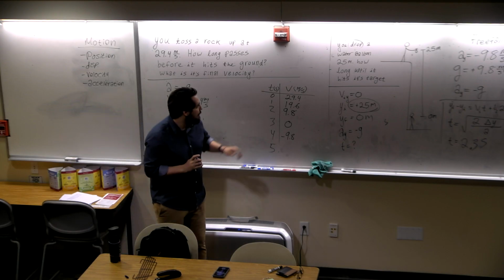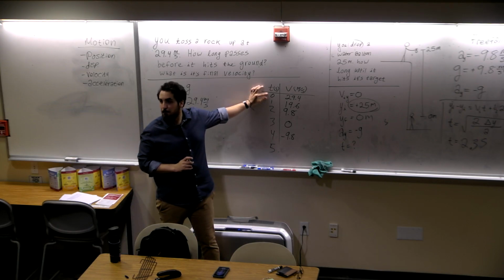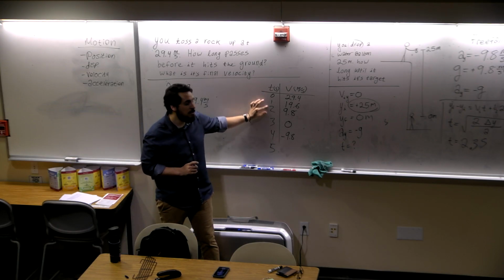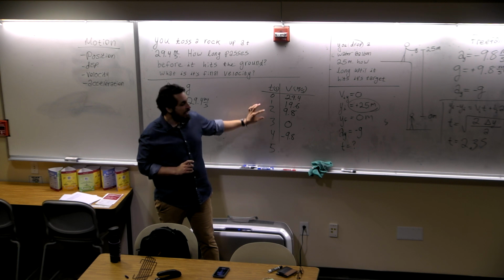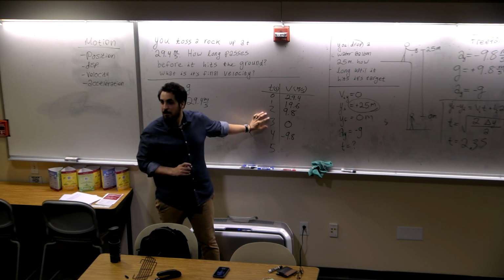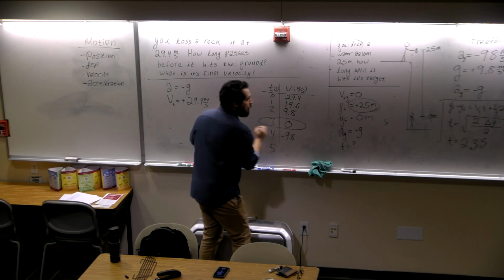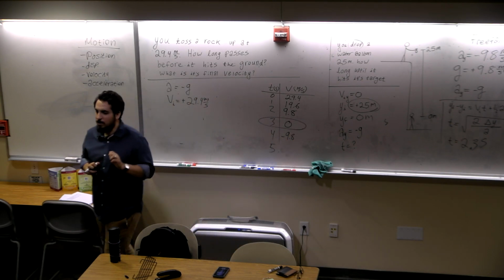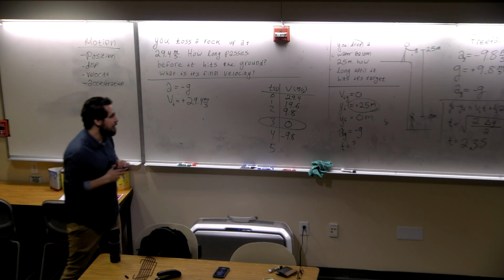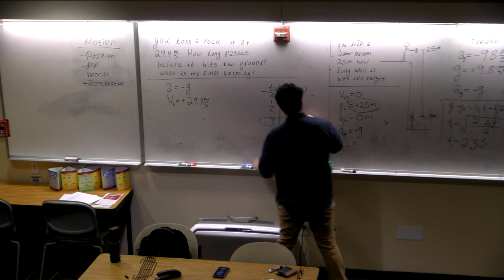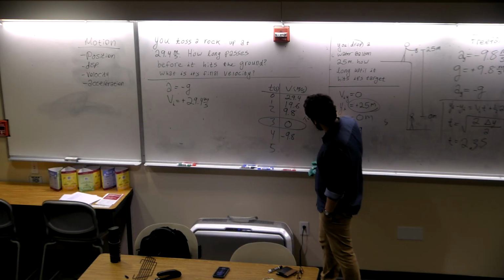Because what do we have? We have an object that's moving upwards. It continues to move upwards until it reaches that 0. This 0 point is not when it hits the ground. What that 0 point actually is, is the turning point. Remember, when the velocity is 0, you're at a turning point.